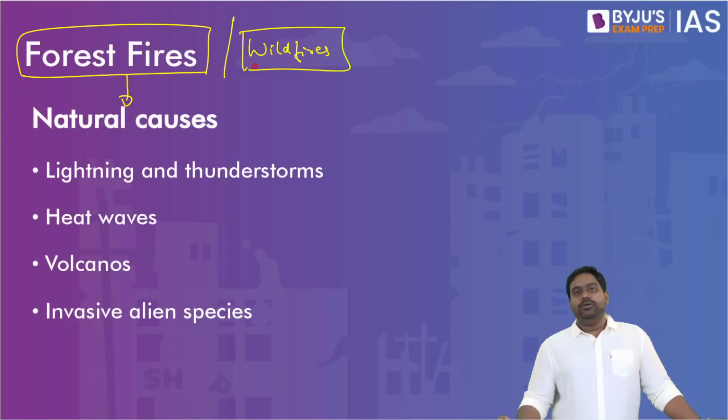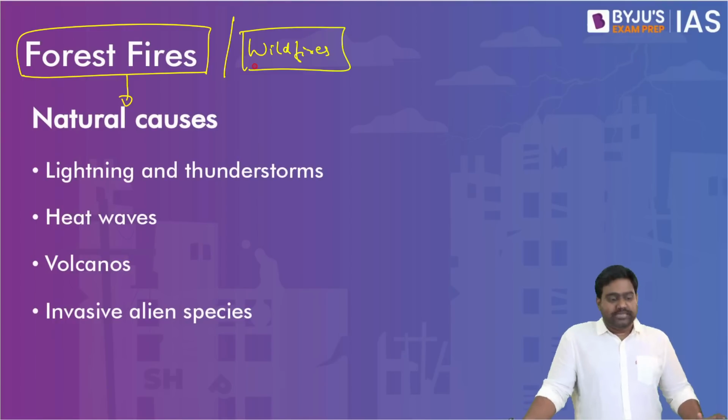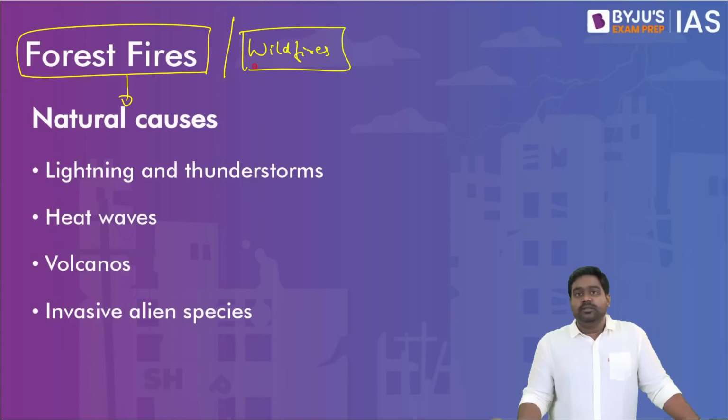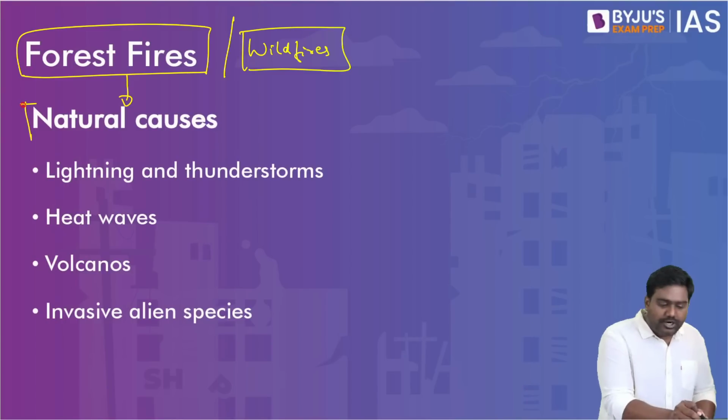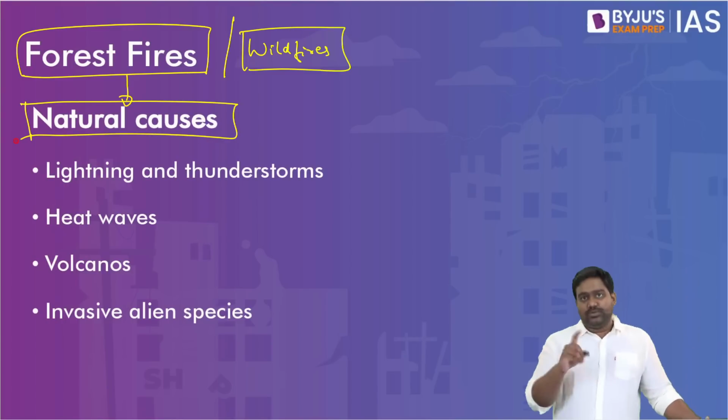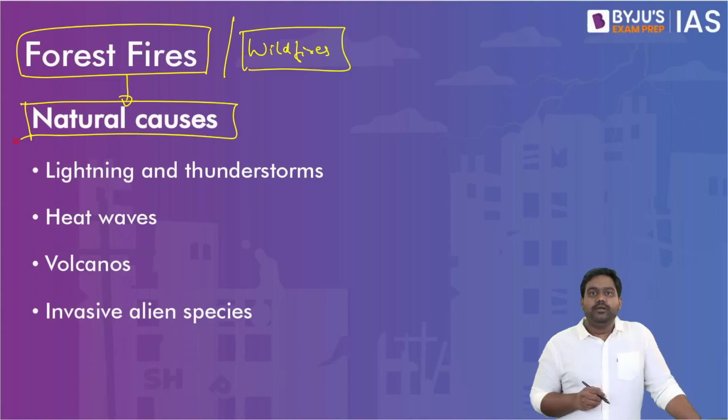They consume vast areas of forests, they destroy biodiversity. They not only destroy the forests, they also destroy animals, birds, and the entire flora and fauna will suffer extensive damage in such cases of forest fires.